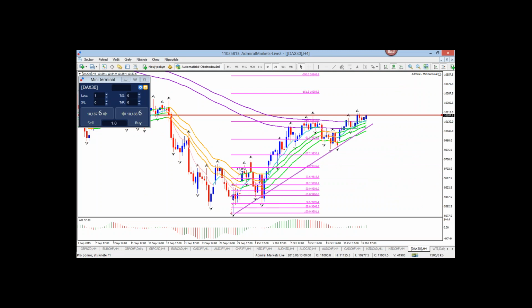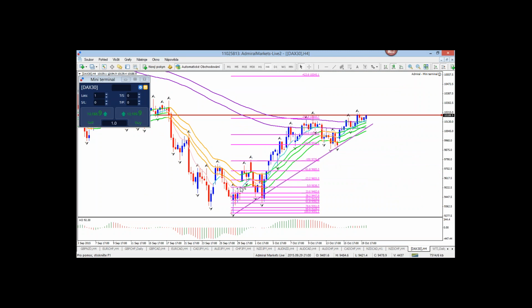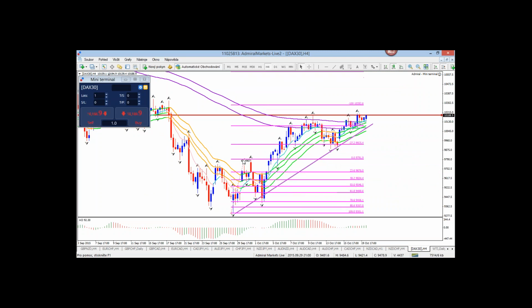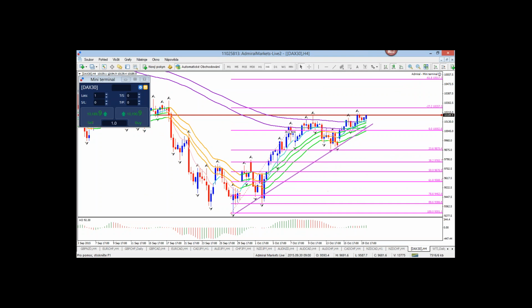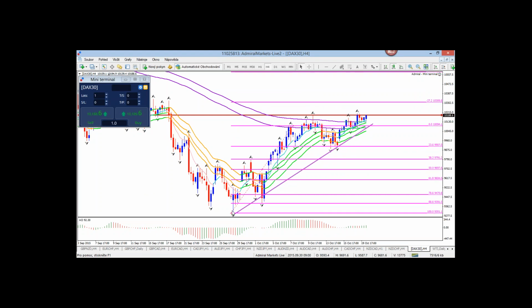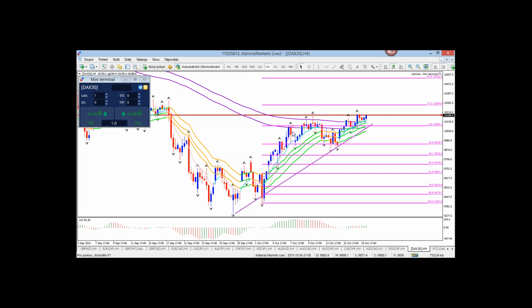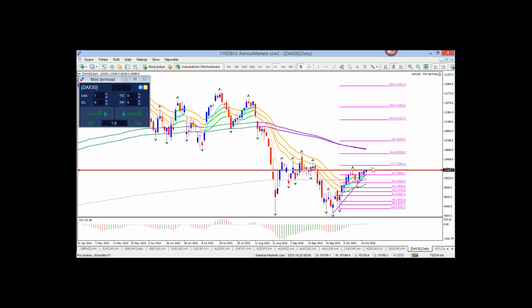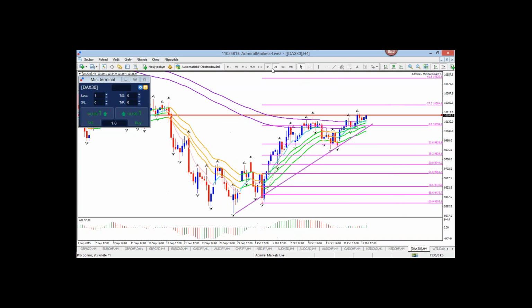Maybe I should be using a different fib. Let's see. If I fib from target to target, it would be this fib that's valid. Then 10,500 would probably be the main target.